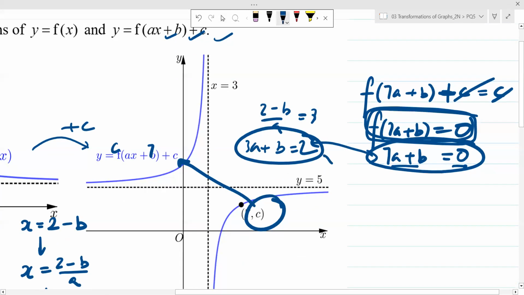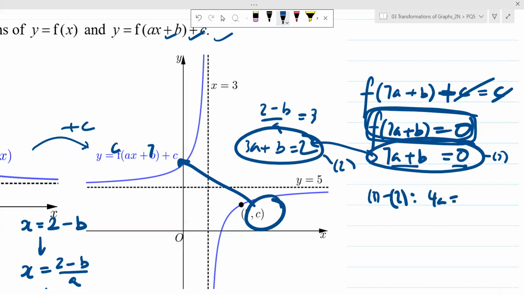Let's call this equation 2, and this equation 3. You take 3 minus 2, you get 4a equals -2, so a is negative half. Then you substitute back into either one, and b is 7/2.